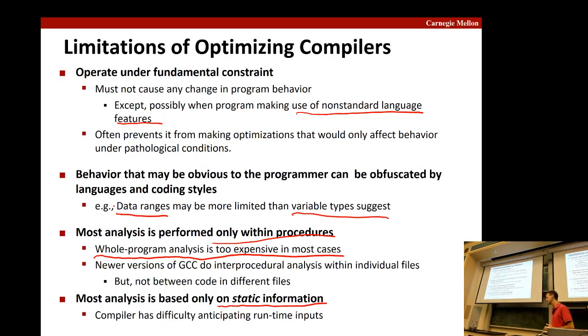Traditionally, in the compilers you're used to using, it's all based on static information. It has the code that you're handing it. It doesn't know the inputs, for instance. Because of that, it has to make conservative assumptions about what the inputs might be.